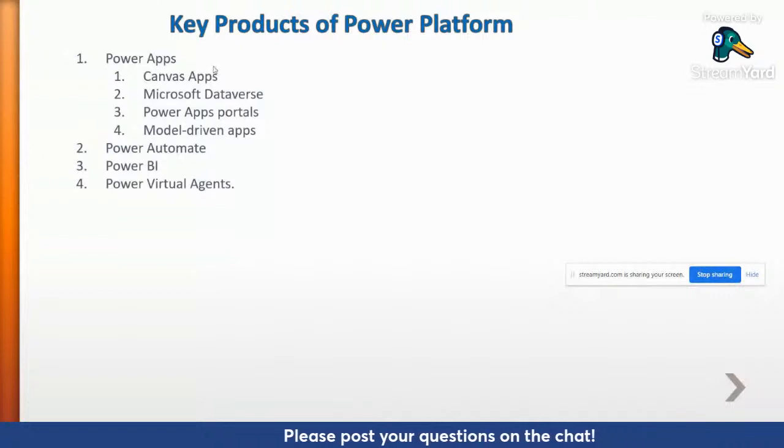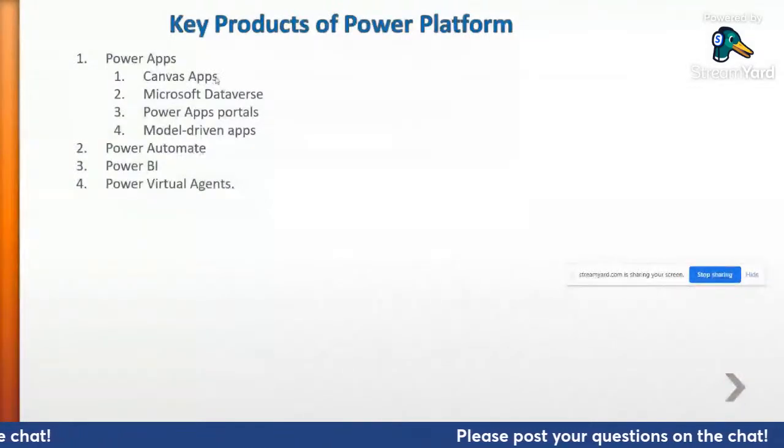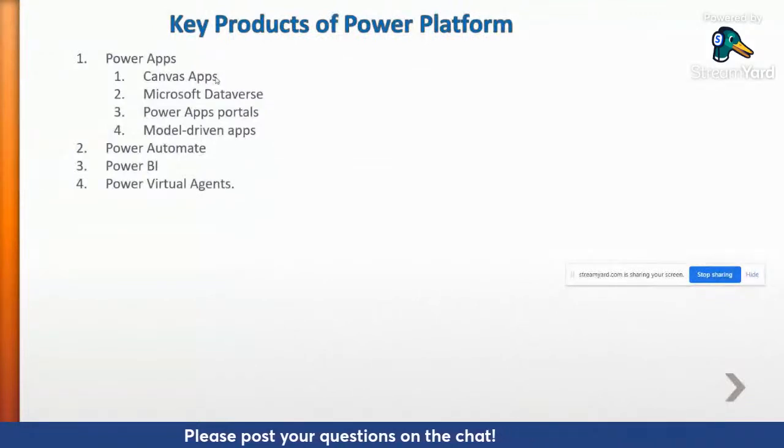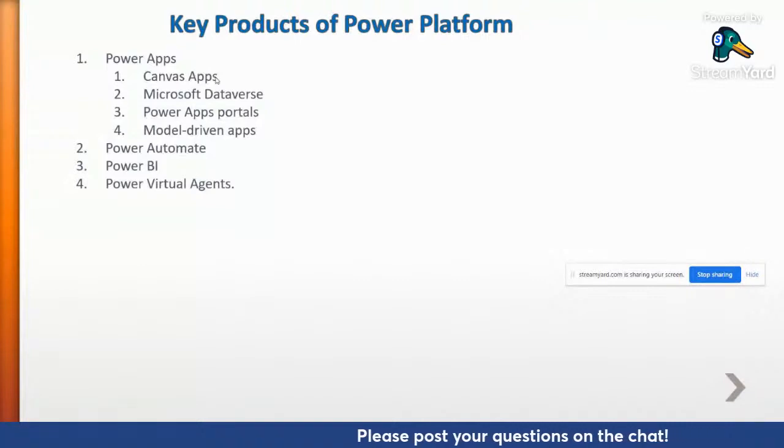So coming to Canvas apps, today we are going to mainly develop the Canvas apps and a Power Automate flow. And Canvas apps actually allows us to design and build business apps from a canvas in Microsoft Power Apps Studio without writing code in traditional programming languages such as C Sharp.